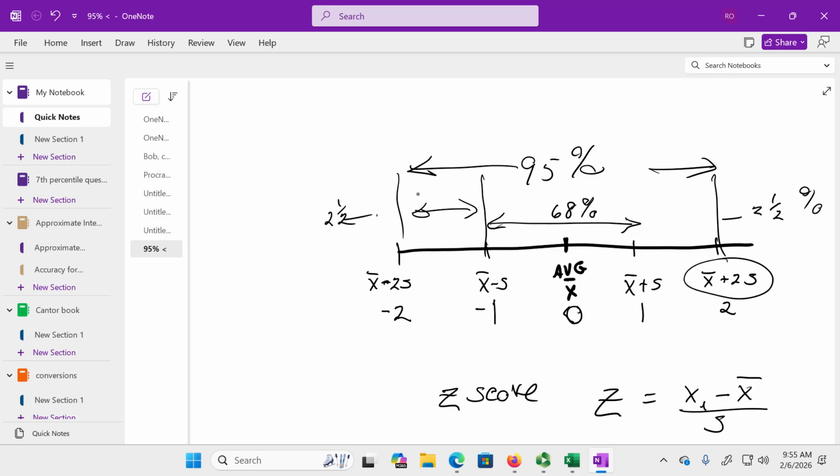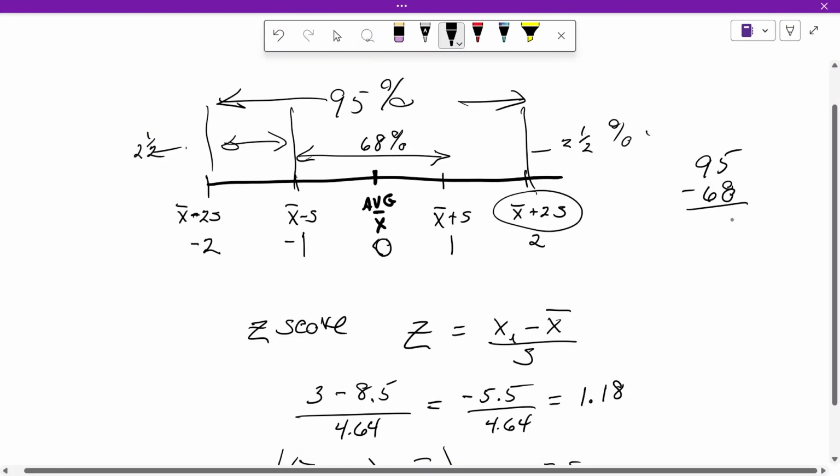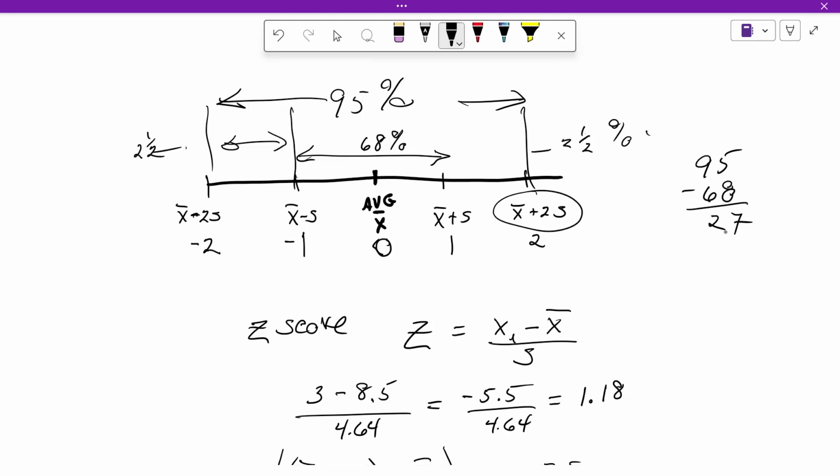What's the bet in here? I got 95% overall, 68% in the middle. What's the 95 minus 68? There's a 7, and what is that, 27? 27% is between here and here, and there and there.